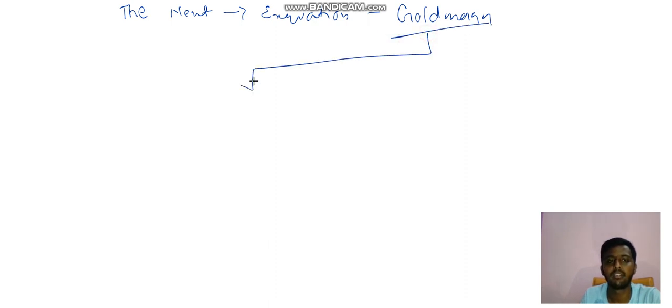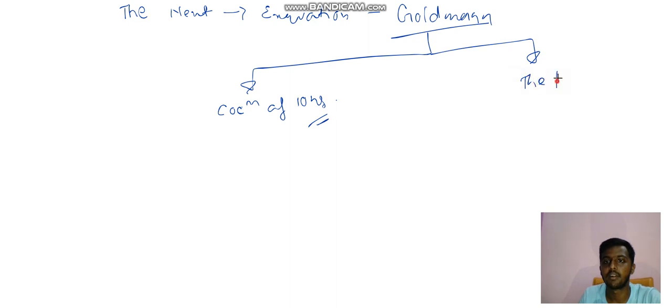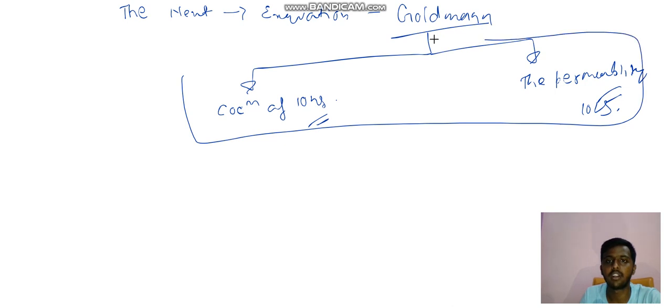For Goldman we have to see two parameters. One is the concentration of ions, okay, more than one ion there. Second, the permeability of the ions. On this basis we are going to find the Goldman equation. Please do remember these two parameters.